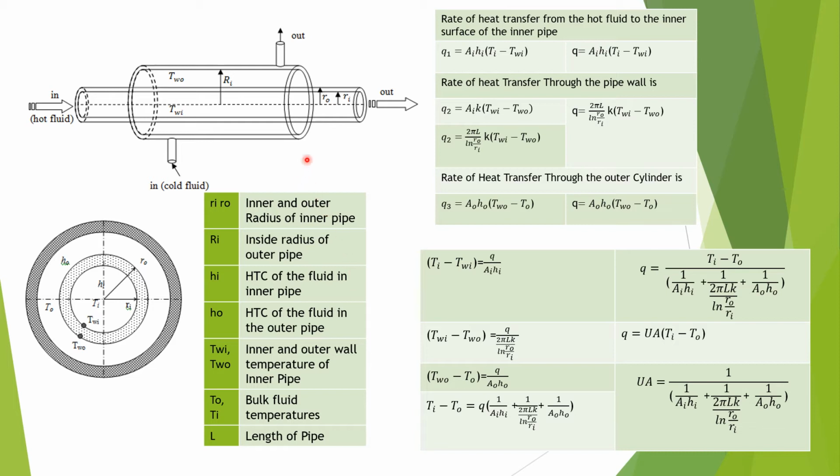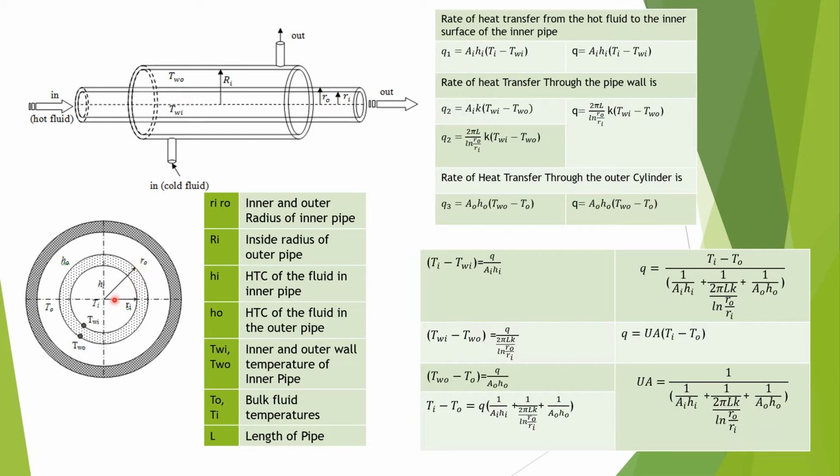Now we will move to the derivation part of this. So we have to calculate the rate of heat transfer between the hot fluid and the cold fluid. To calculate this, as we have seen in the last video also, we will divide this system into three parts.